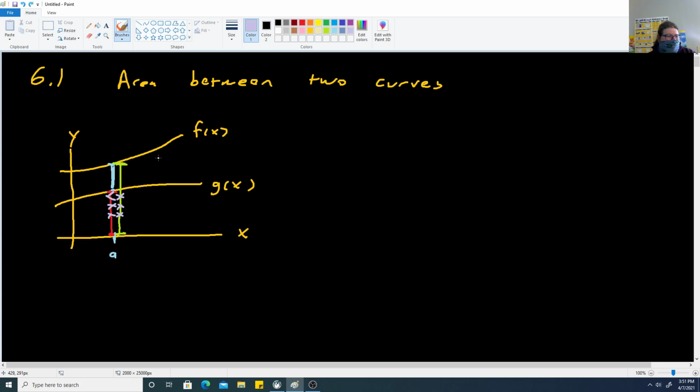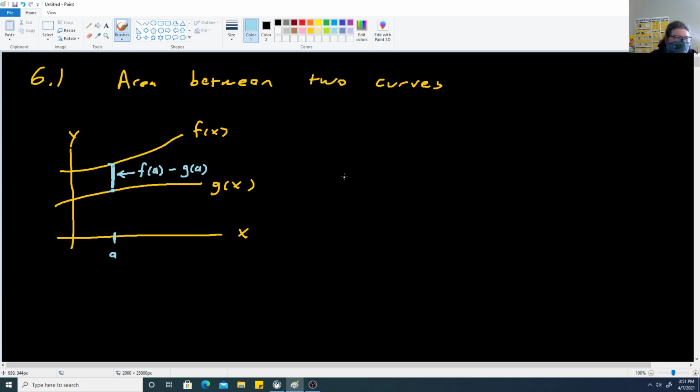So basically, if I wanted to figure out the distance right here, the vertical height of that bar at A, that would be f of A, the top function at A, minus the bottom function evaluated at A. So we get that.